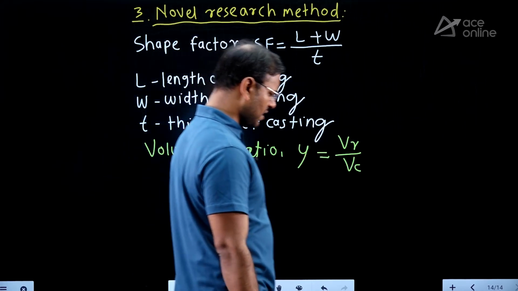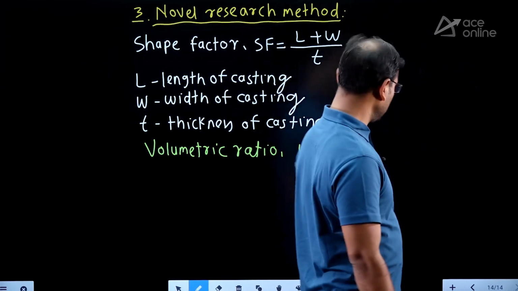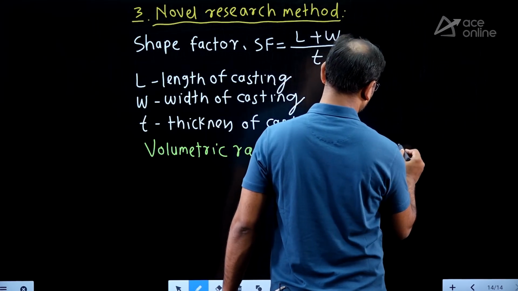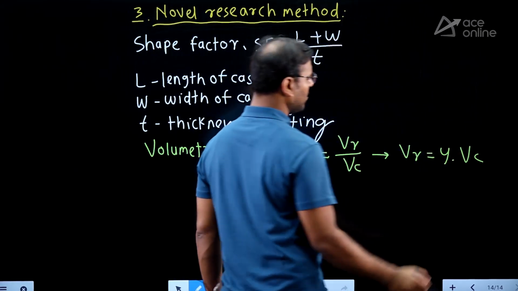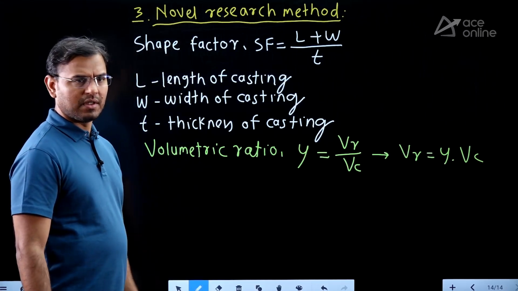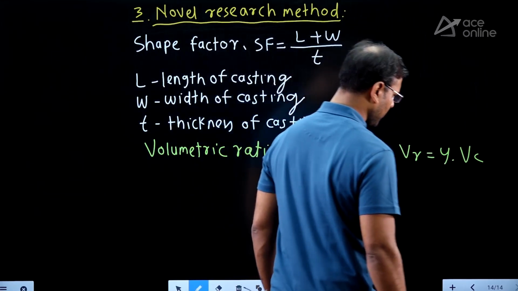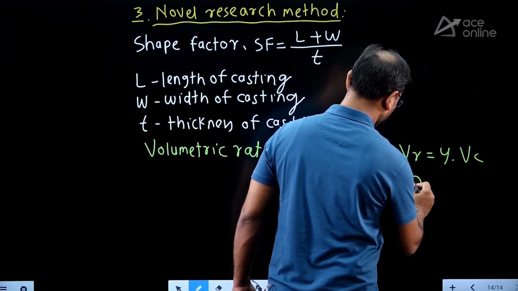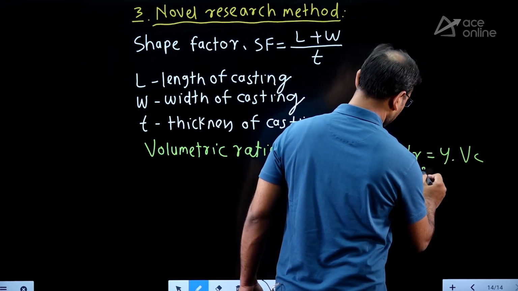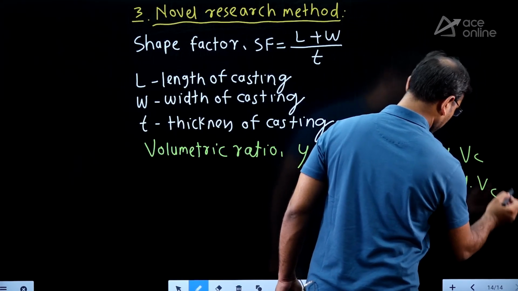Therefore, guys, the volume of riser is equal to Y into volume of casting. Then the volume of riser, I am writing here, pi by 4 d square h is equal to Y into volume of casting.